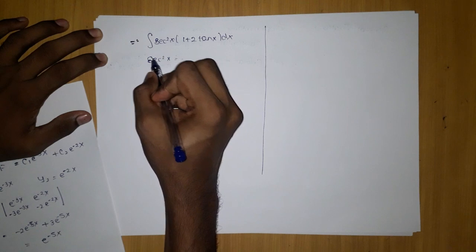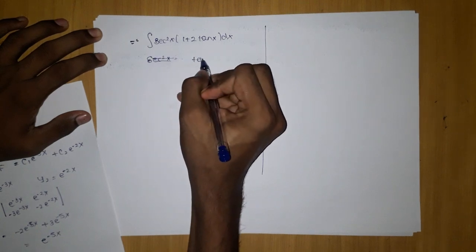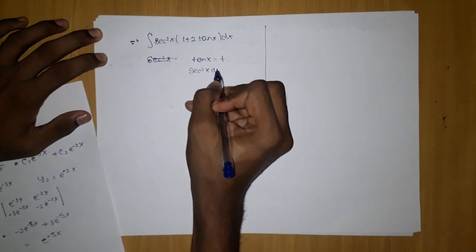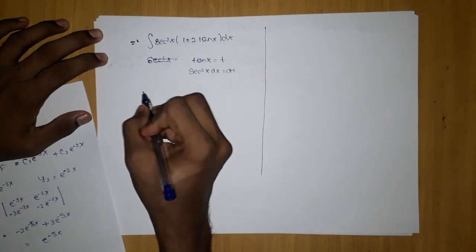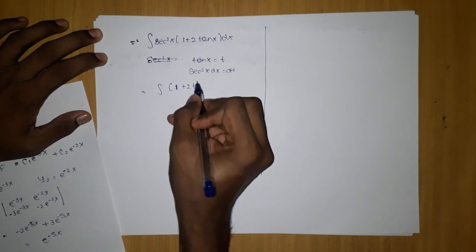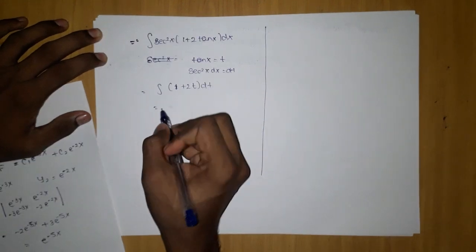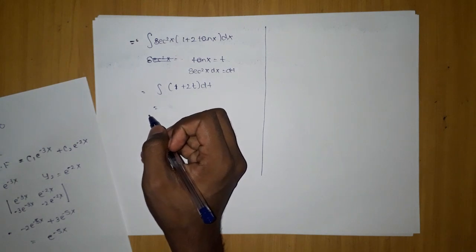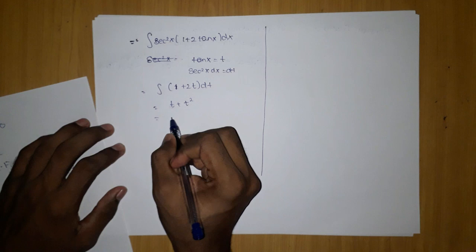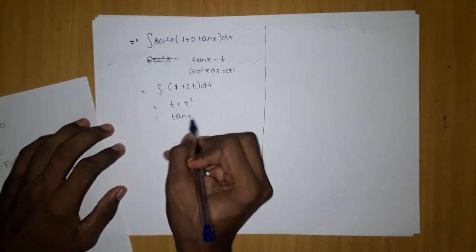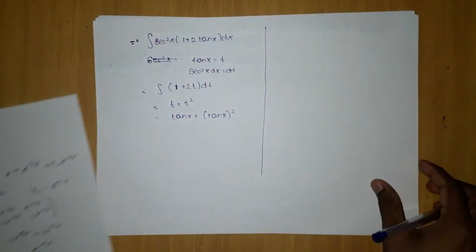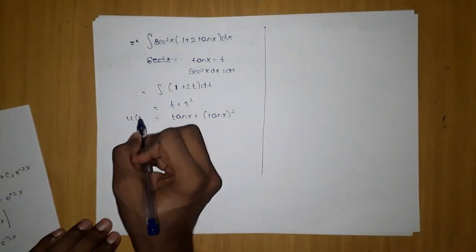If I take tan x as t, I know tan x differentiation is sec square x dx equals dt. So my job will become easy, which will be 1 plus 2t into dt. If I know its integration, it will be a piece of cake for me. It will be t plus t square, which is nothing but tan x plus tan square x, tan x the whole square. This is our u of x.